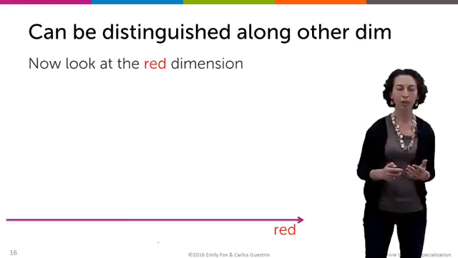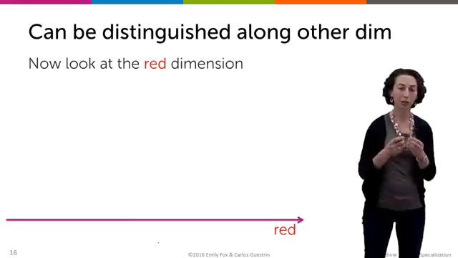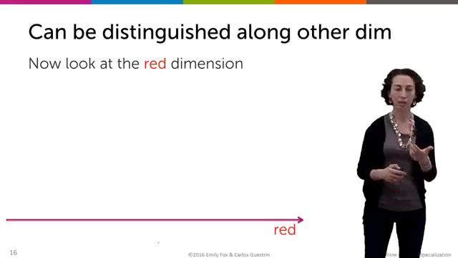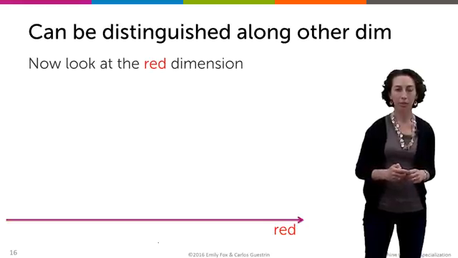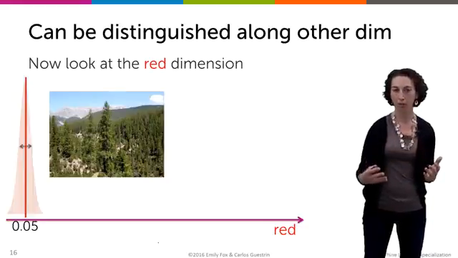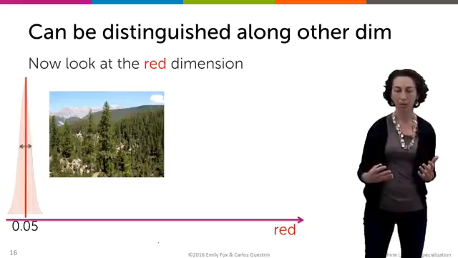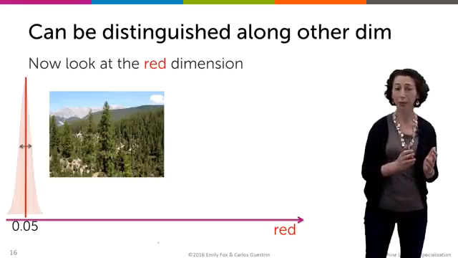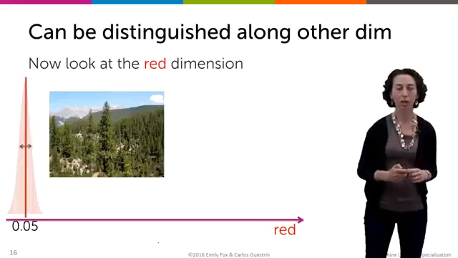Well, in this case, one thing we can actually do is look at another dimension of our observation vector. We can look at the red intensity in the set of images. And if we look at the histogram over red intensities over all forest images in our data set, well, this intensity is probably pretty low in most of these images. Not many reds appear in images of forests.